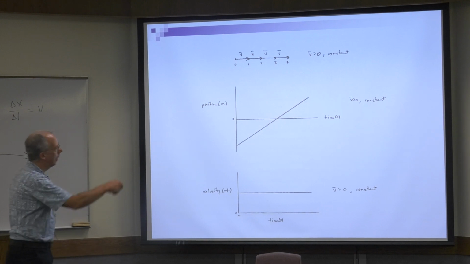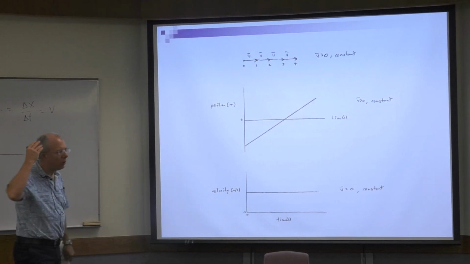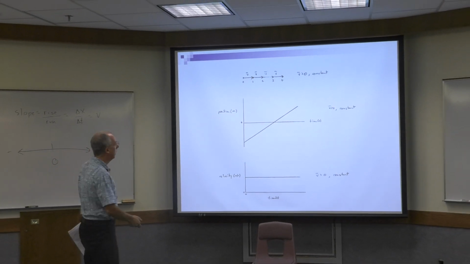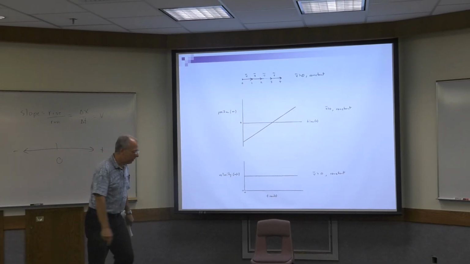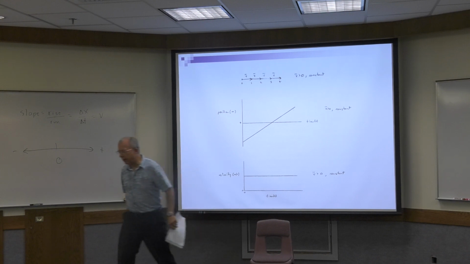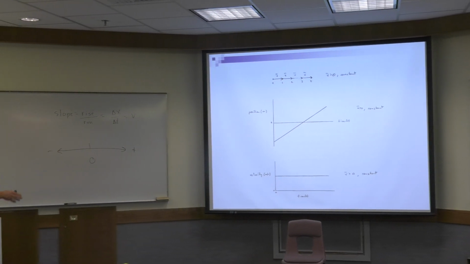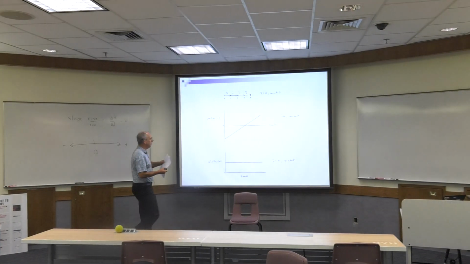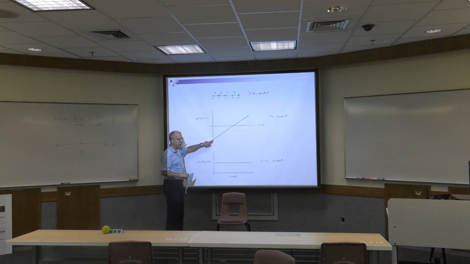Okay, so again, this is just a tool to help us figure out what kind of motion we're dealing with. Now, this is 0, that's plus, here's minus. So I started over here at some negative position.